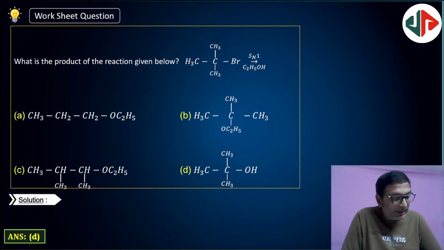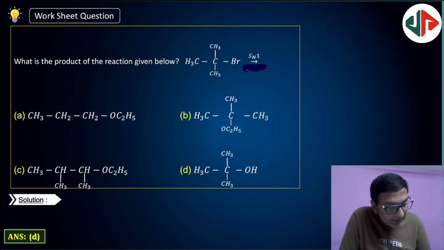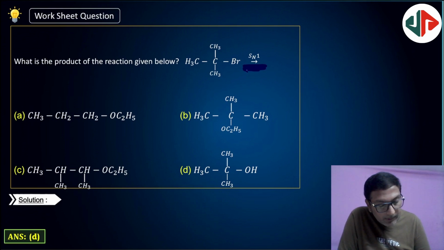So what is the product of the reaction given below? The SN1 reaction is given. You can take here OH minus nucleophile. OH minus.